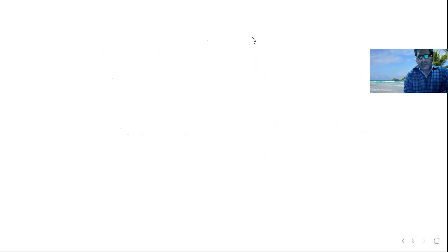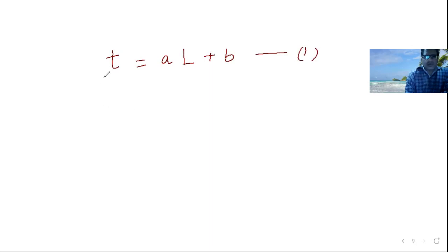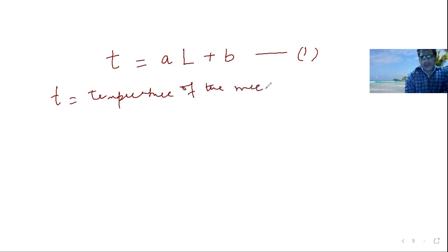So we write an equation: T is equal to A L plus B. Let this be my first equation. What's T? T is the temperature of the mercury column, right?